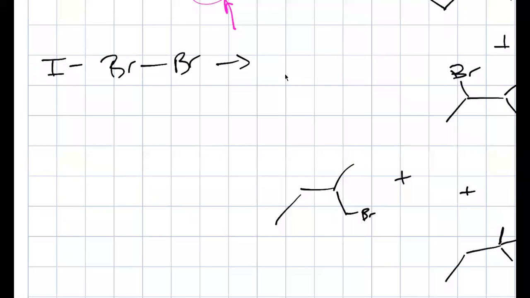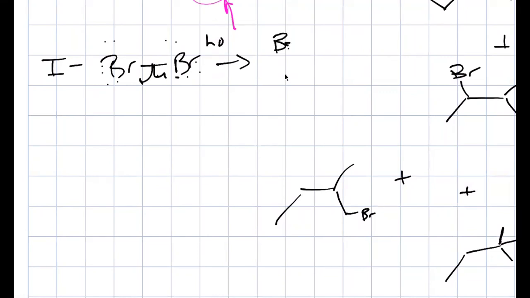Let me put the electrons around here. So I want to break this in half, right? I'm going to shine light on it. What type of bond breaking is that again? It can't be hetero because I'm using one electron. It's homo. Homolytic.